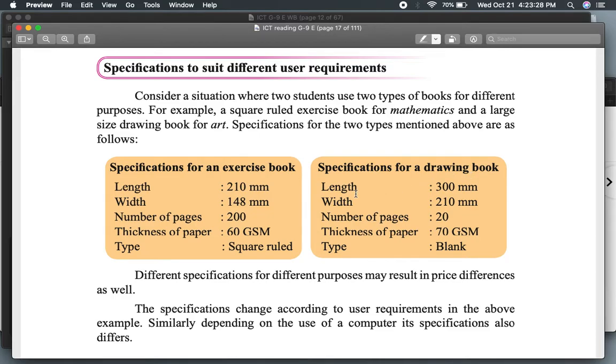Now for the drawing book, the length you can see is 300 millimeters. The length is greater than the smaller square ruled exercise book. The width also is higher at 210 millimeters, but the number of pages is less and the thickness of paper is higher at 70 GSM, and the type is listed as blank because there are no square ruled or single ruled pages in a drawing book.